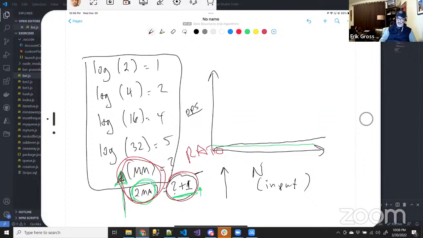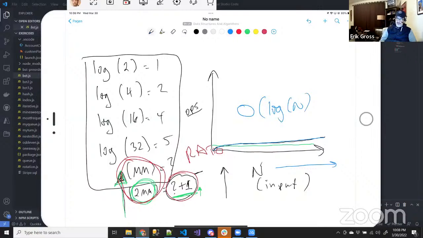And the graph: as n increases, the complexity, or number of operations needed, would start to rise very slowly as our inputs got larger and larger and larger. So an algorithm that can operate at the big O notation O of log n is a really, really, really good algorithm.